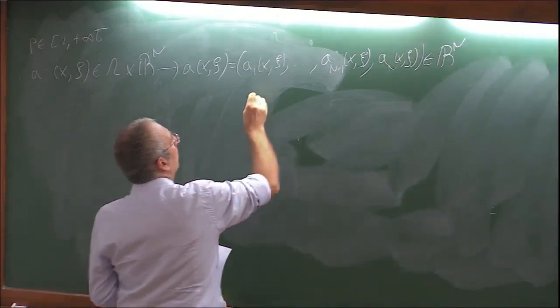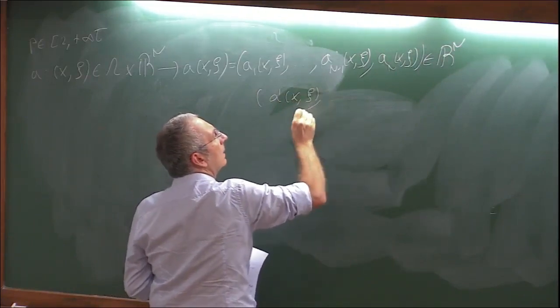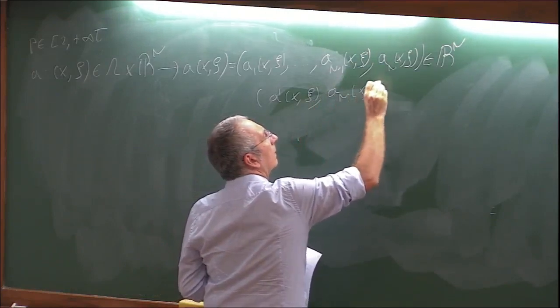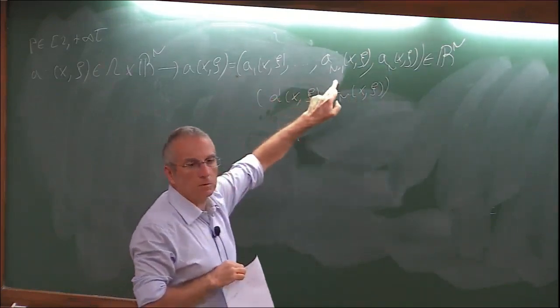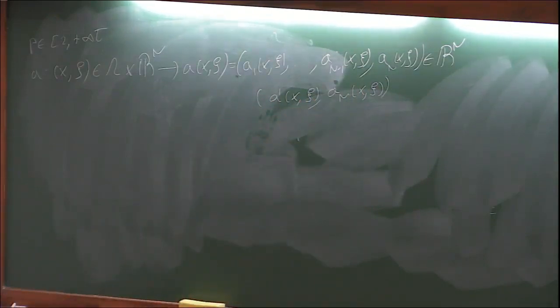We denote by A prime of x, c, with a prime, the first n minus 1 components. Which is the assumption on this function A?